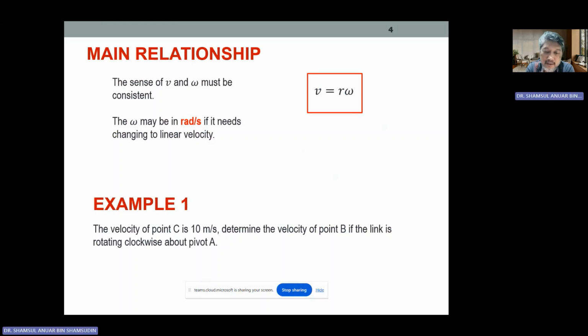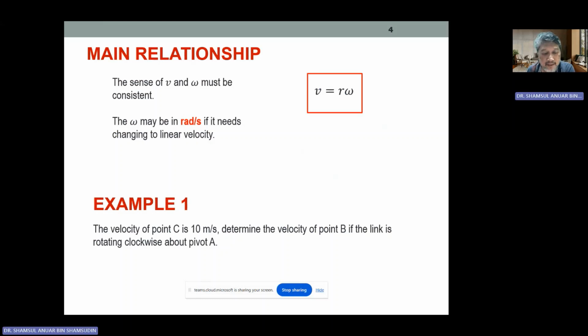In this equation, usually we will want the omega to be in radian per second, and R can be in either inches or meter, and the resulting velocity unit will be in accordance with whatever unit is used in R and also omega.